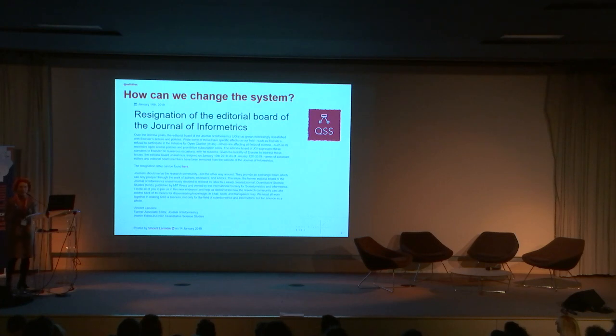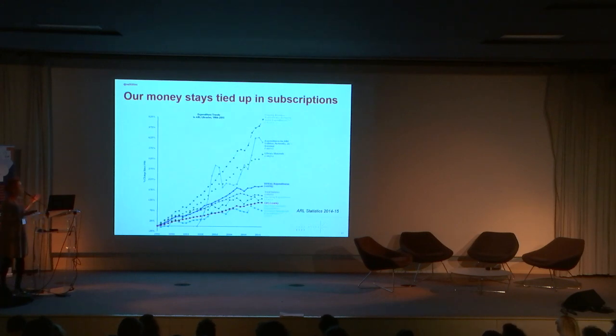I think what I'm going to talk to you about is the money that's invested in the system and what we can do about the money. The money of institutions is tied up in subscriptions. This is a graphic from the US organization, the Association of Research Libraries. And what I really want you to see here, you don't have to look in too much detail, is that the red line is consumer price index.